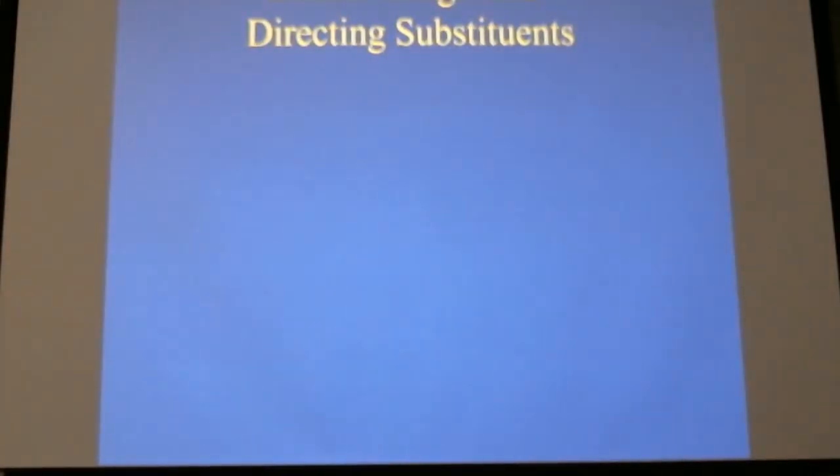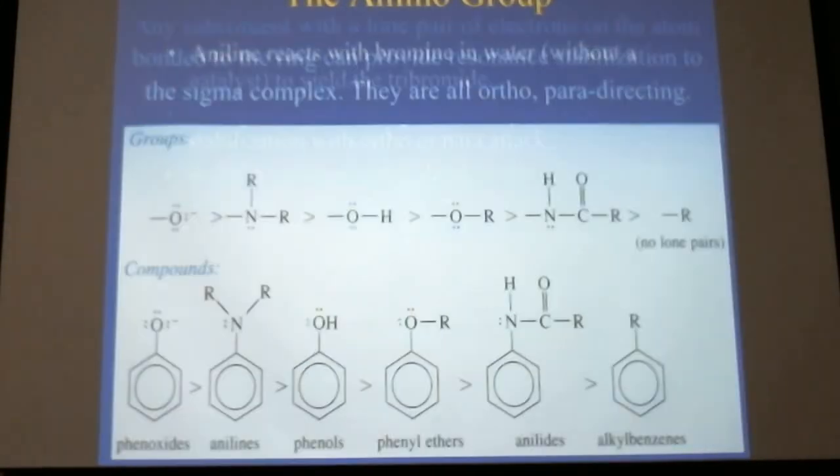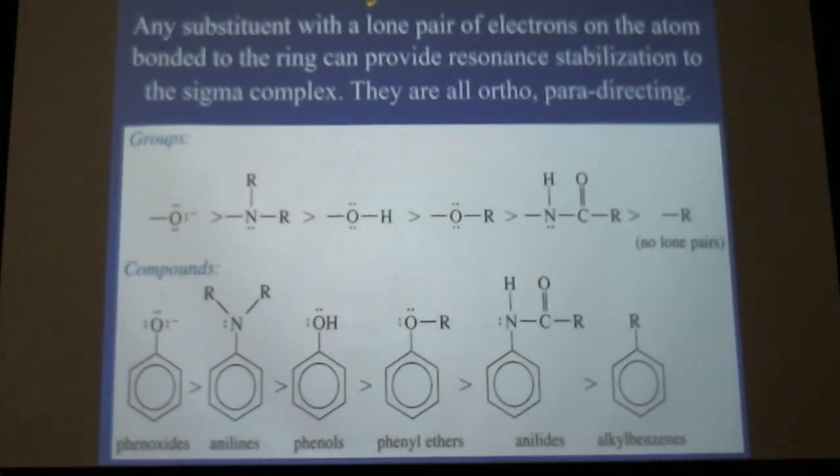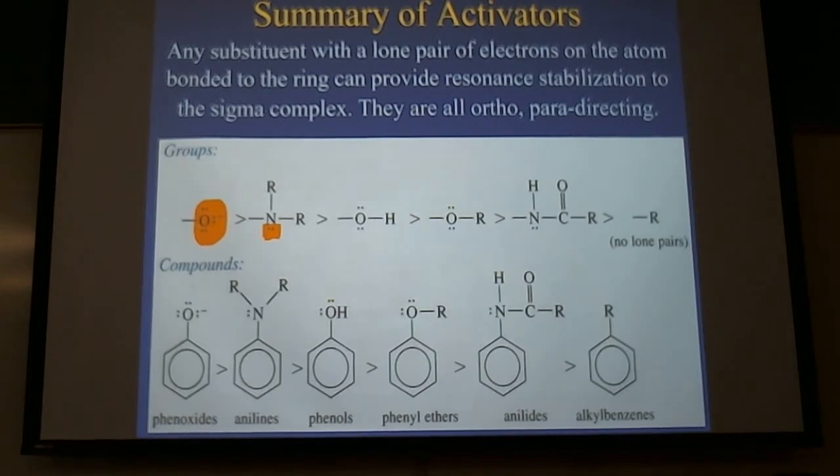So some of the things that I went over are also summarized in your documents. This is also summarizing your activators, meaning obviously the ones that can donate to the pi system are going to be stronger activators than those that can only donate to the sigma system.